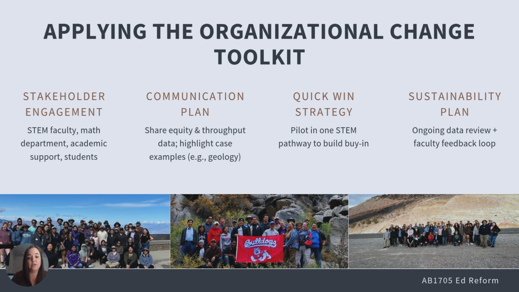We'll have a quick win strategy, hopefully, because if you pilot this in just one STEM pathway, especially a small pathway, you might be able to build some significant buy-in for some of the larger pathways. And then, of course, a sustainability plan where we have ongoing data review and a faculty feedback loop. So making sure that we're constantly revising our plan and understanding how this change is going to help our students and our faculty, of course.